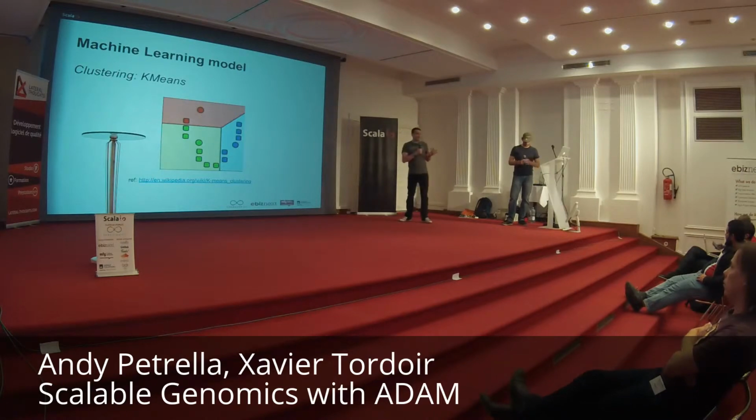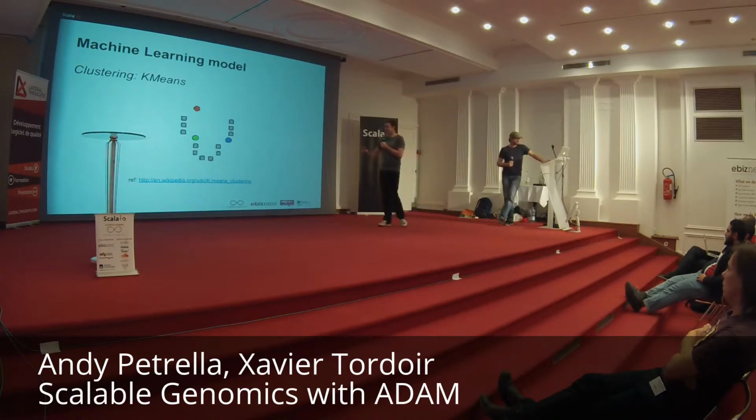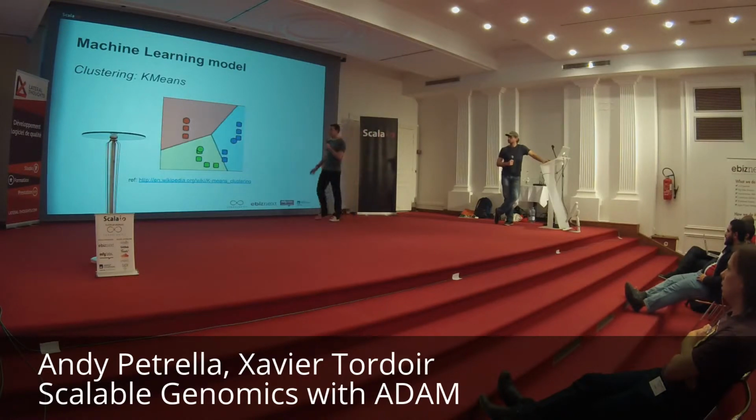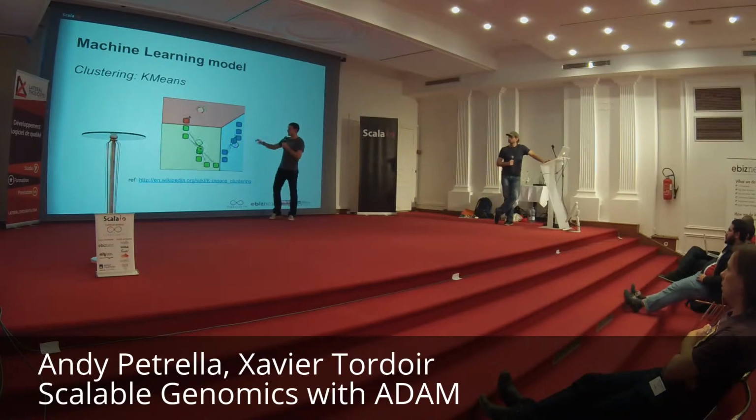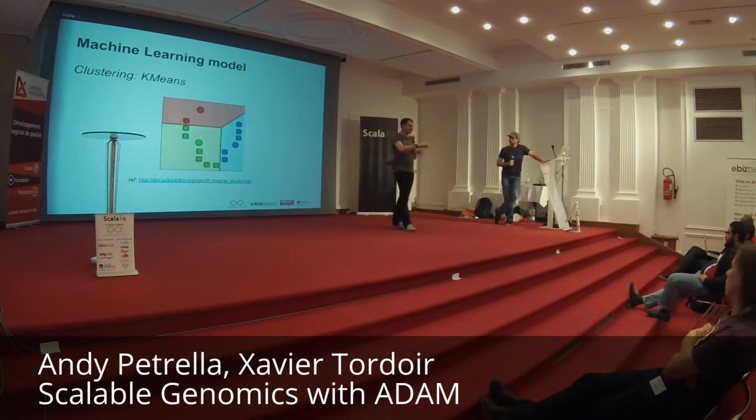So as Andy said, we will make some clustering of it. Very naive, I admit. We decided that we would use AMPLab, of course, on top of Spark, and the clustering algorithm is K-means. K-means is an algorithm that actually starts with random items.